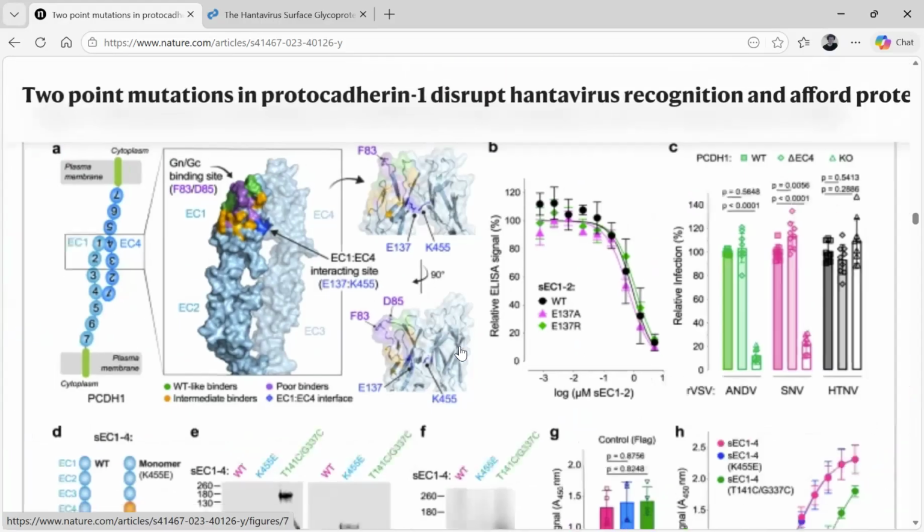Okay, that's the big takeaway from this paper. Really, the paper is focused more on the mutations, so it would disrupt the hantavirus recognition. But the key here is that we're looking at this location on the Protocadherin-1 for the hantavirus Andes version. And the key location is F83 and D85.